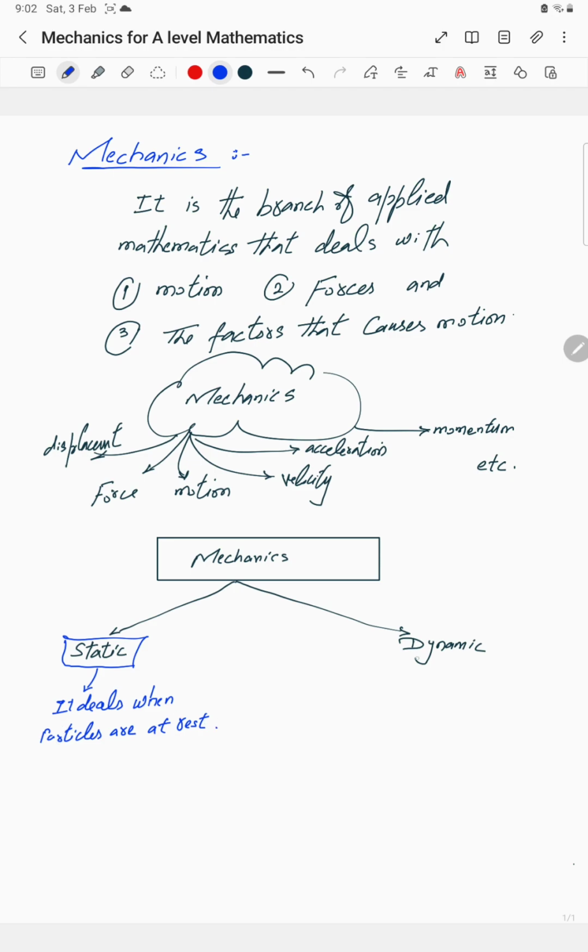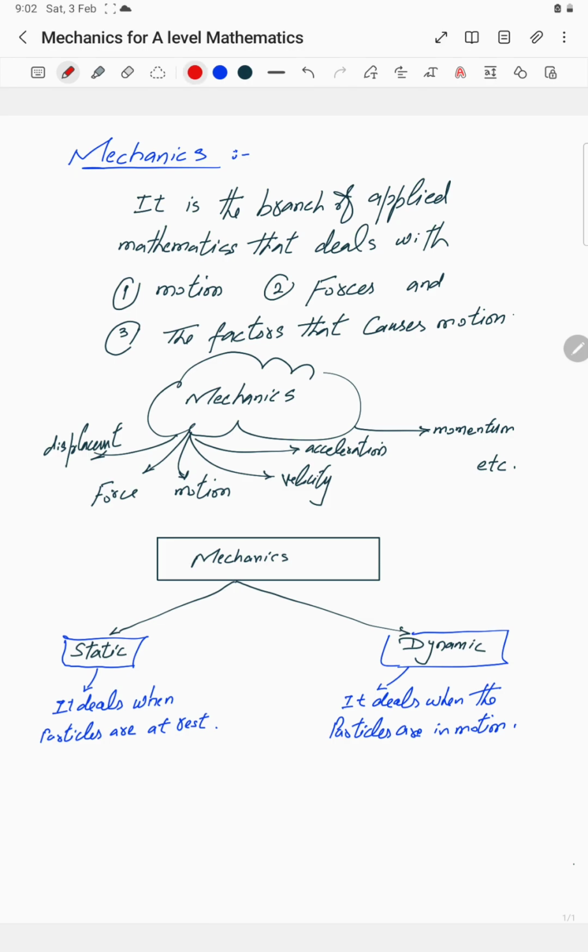While dynamics deals with particles when they are in motion. It means they are not at rest.